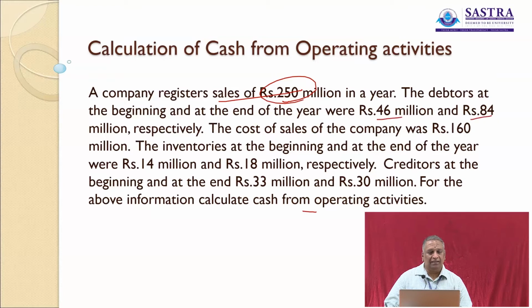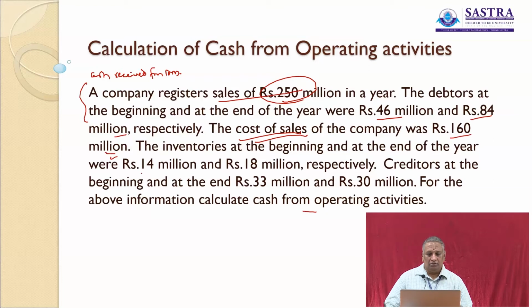So using opening and closing balance of debtors, we can calculate cash received from debtors. And cost of sales is given as rupees 160 million.